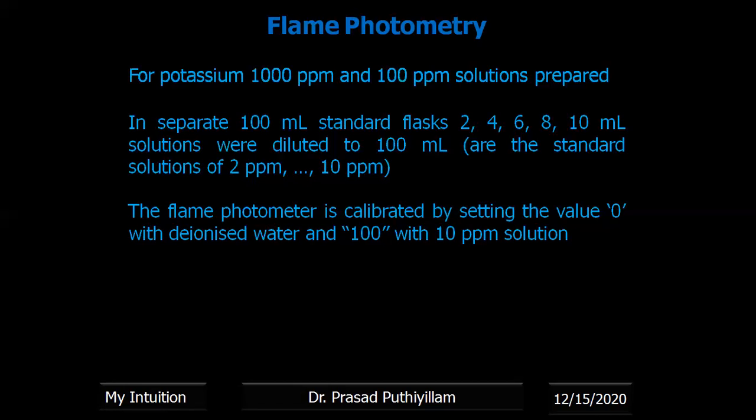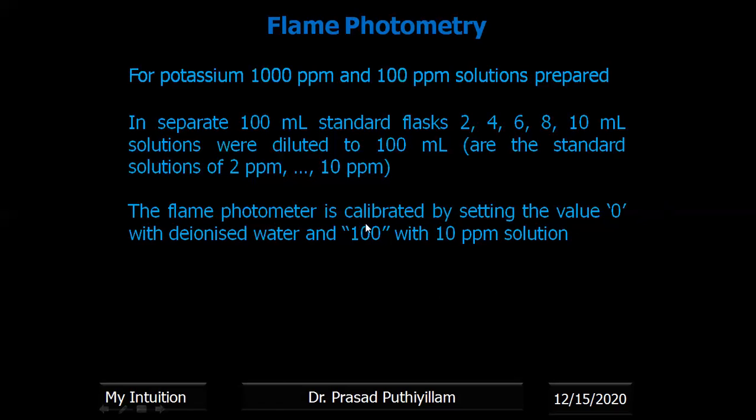A particular filter, the potassium filter, we need to keep to filter the lilac color and get the maximum lilac color intensity. And we need to set 100 with the 10 ppm solution, the standard solution which we prepared with 10 ml of solution.